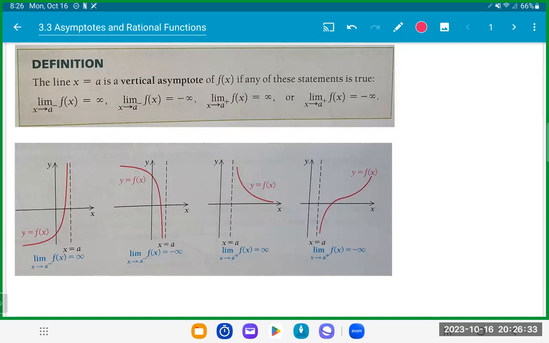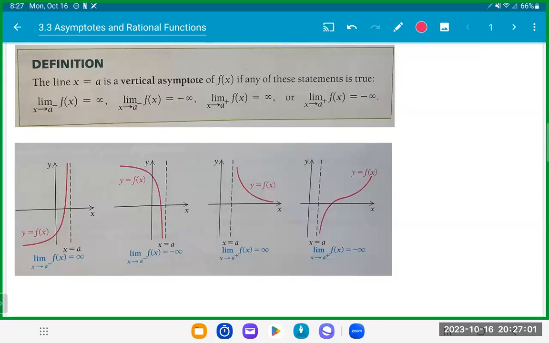So if the limit as x approaches a from the left is either negative infinity or positive infinity, we'll have a vertical asymptote. Similarly, if x is approaching a from the right and we have positive infinity or negative infinity, we will also have that vertical asymptote. And so I put the graphical representation of that down here for you.